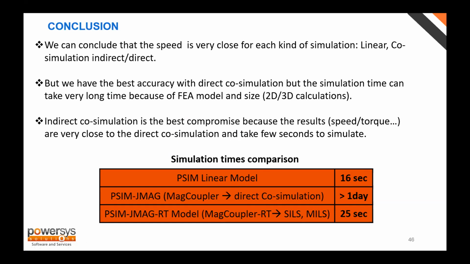So the total simulation was more than 1 day. Again, you can modify the total time of your simulation, of course. And now if you use the Gmag RT model, it is only 25 seconds. So as you can see, it is very fast, close to PSIM.